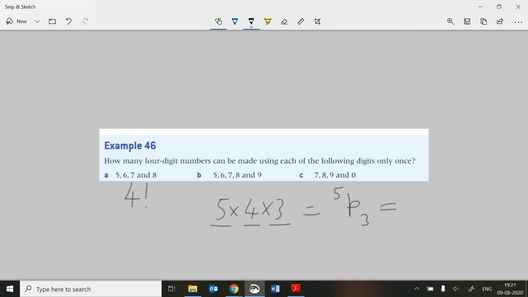And this is the same as doing 5 factorial divided by, and it's not divided by 3 factorial, it's divided by 2 factorial. So that's n factorial divided by n minus r factorial, r being the number of spaces which we have available.